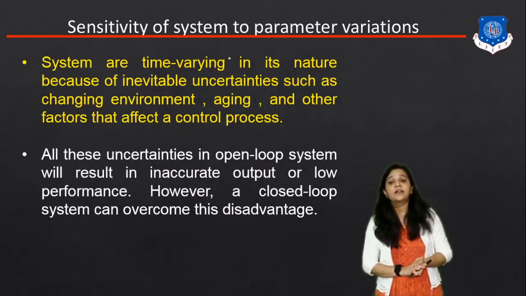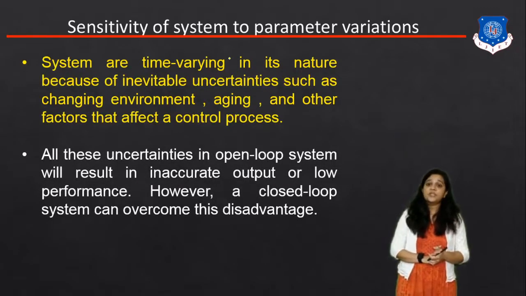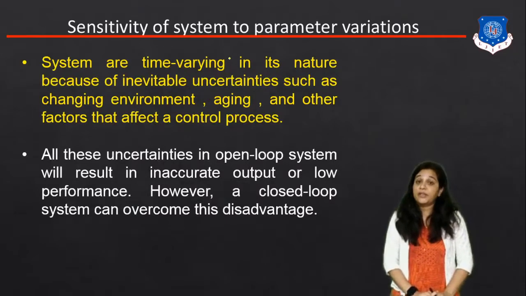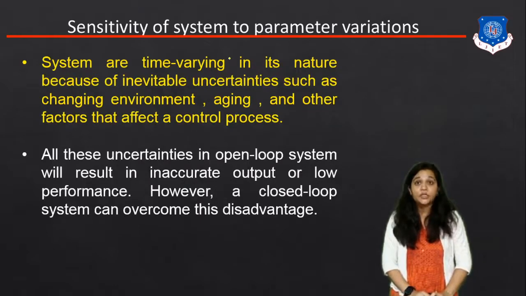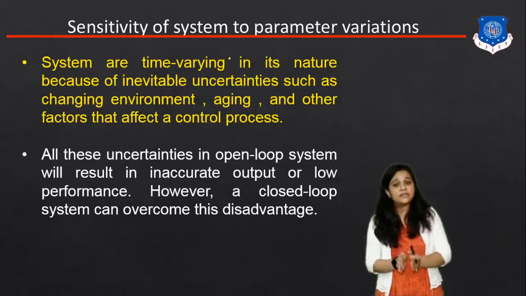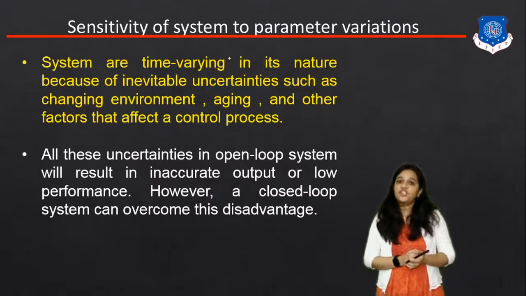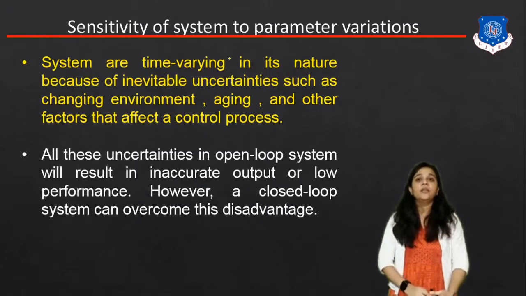All this uncertainty in the open loop system results in an inaccurate output, or low performance. A closed loop system can overcome this disadvantage. When we find the sensitivity for the open loop system, if the input changes, the output changes.